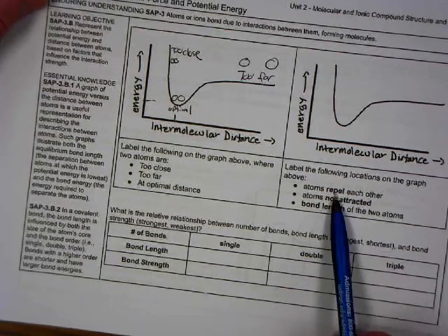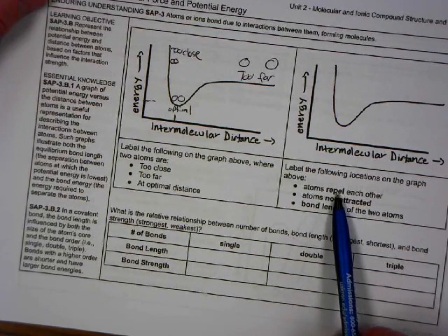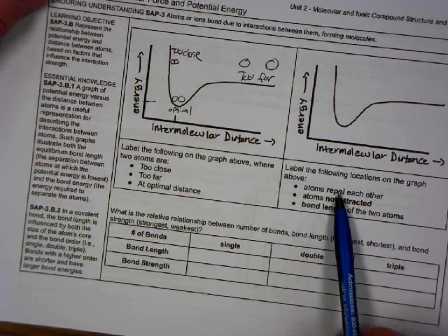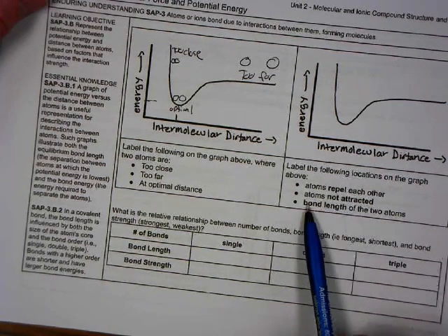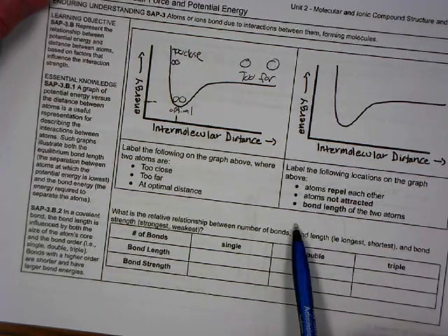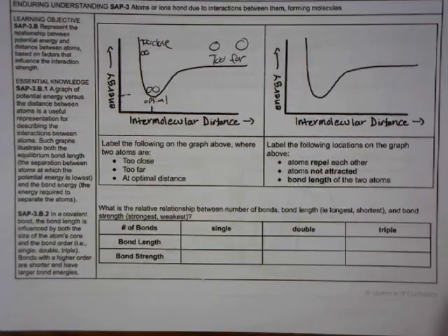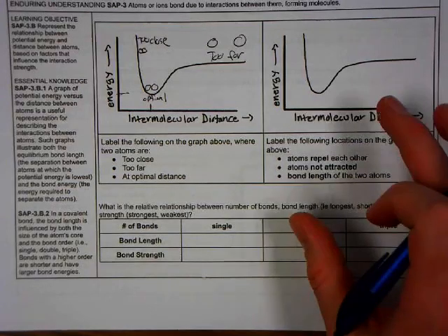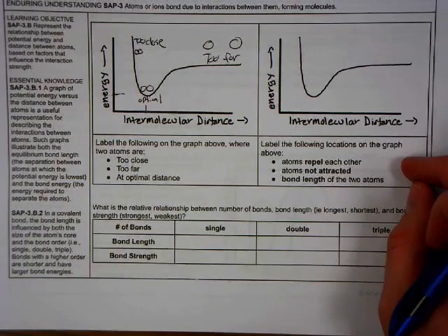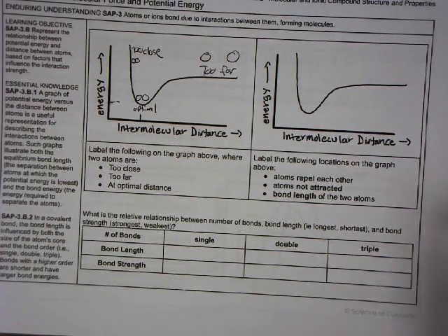This is all about your bond lengths. So over here, label the following locations on the graph. Try these. Atoms repel each other. Atoms not attracted. Bond length. I think I just gave you the answers by accident. Are these graphs for any molecule?